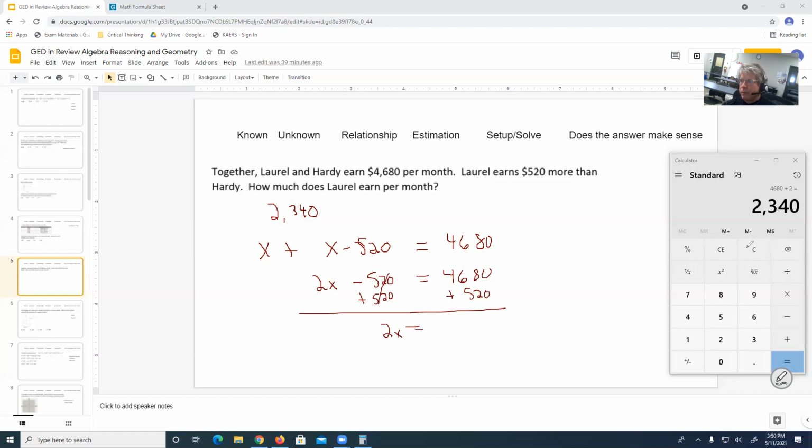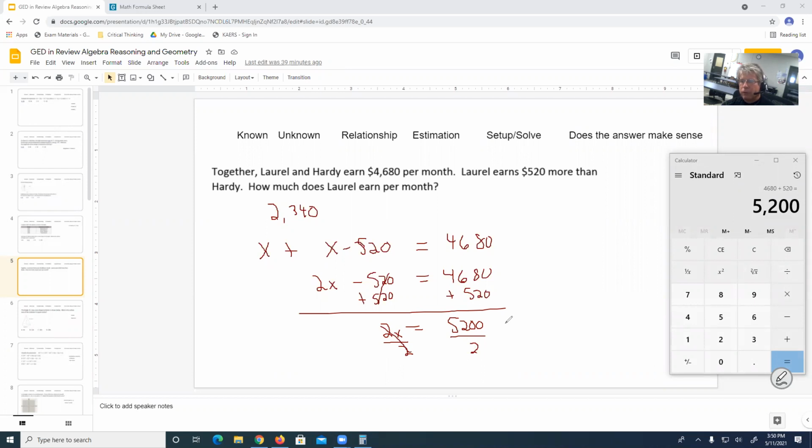So let me do that math over here. 4,680, I have to add 520 to that. That gives me 5,200. And then to get X by itself, I'll have to divide this by 2 to make the 2's go away, and then you have to divide the other side by 2 to keep the equation balanced.